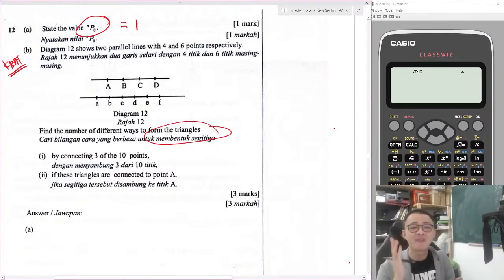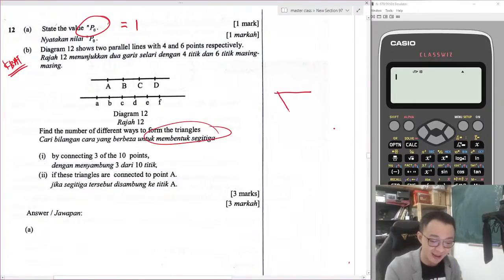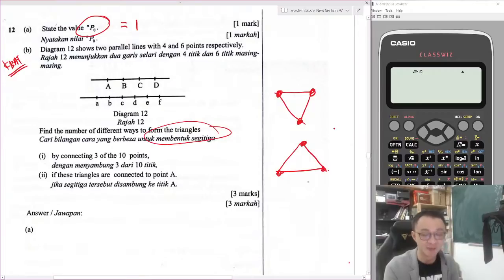A triangle must be formed by 3 points, like this or like this: 1 point and 2 points on the top, 1 point at the bottom, or 1 point on the top, 2 points at the bottom.